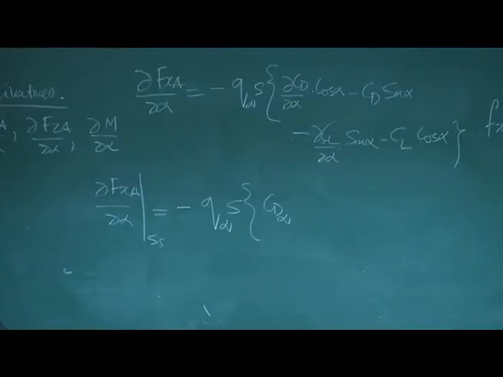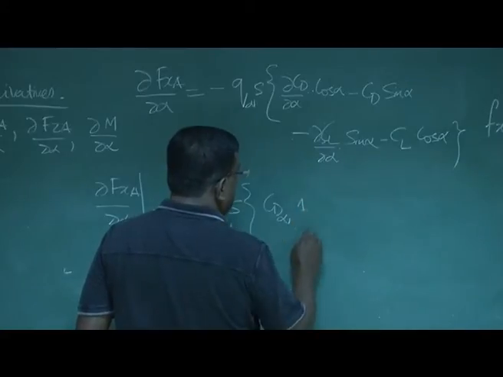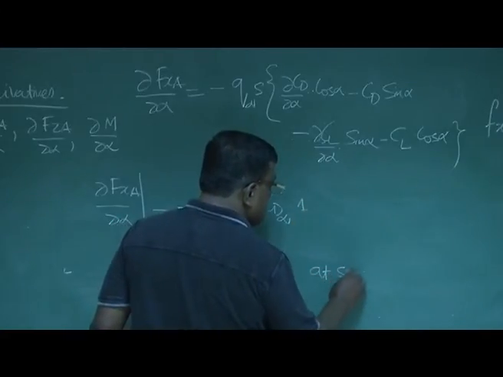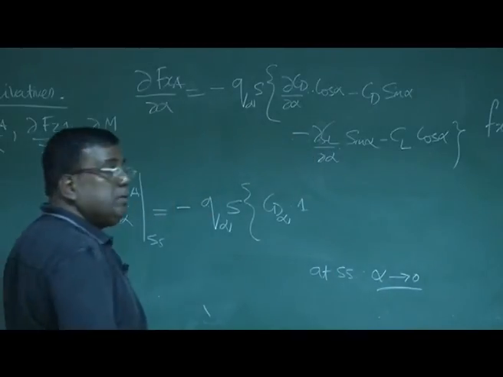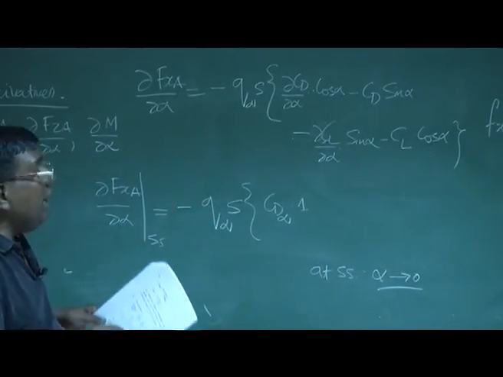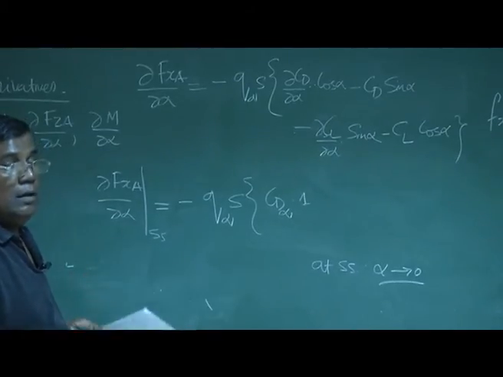Alpha is perturbed angle of attack. So at steady state, what was the value of perturbed angle of attack? At steady state, it is 0, right? So cos alpha is 1. There is no perturbation at steady state, we are only evaluating at steady state, right?